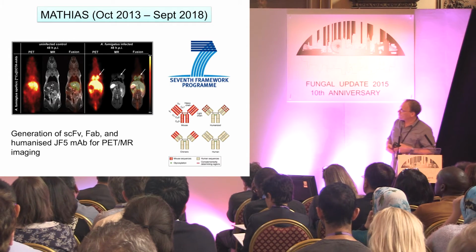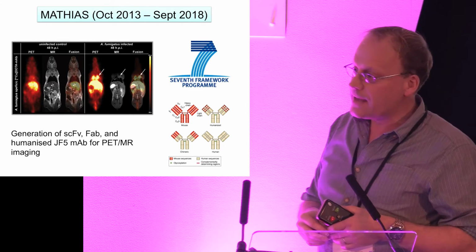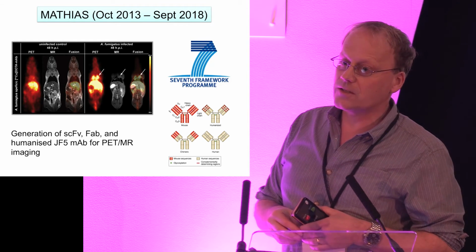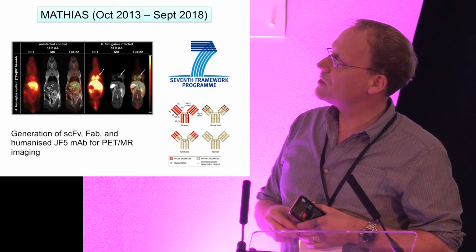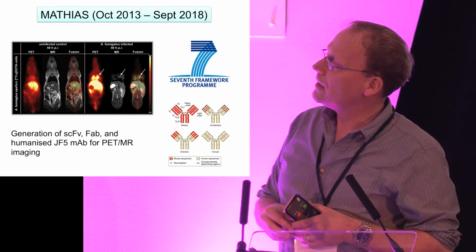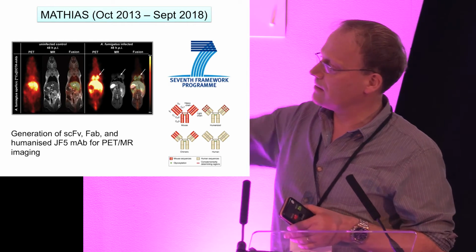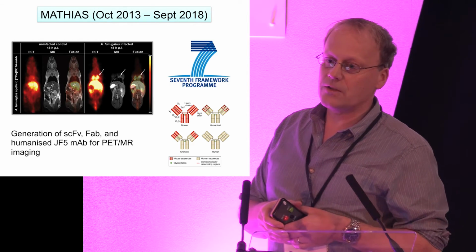Okay. And in the 5th year, we're doing human clinical trials in Germany using patients with invasive pulmonary aspergillosis. Okay, so it's costing a lot of money. It's going to cost £1 million to get the GMP-produced antibody for use in humans.